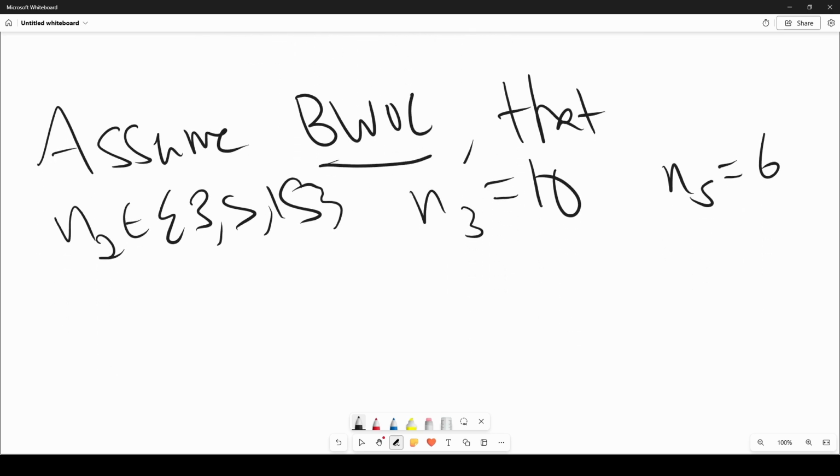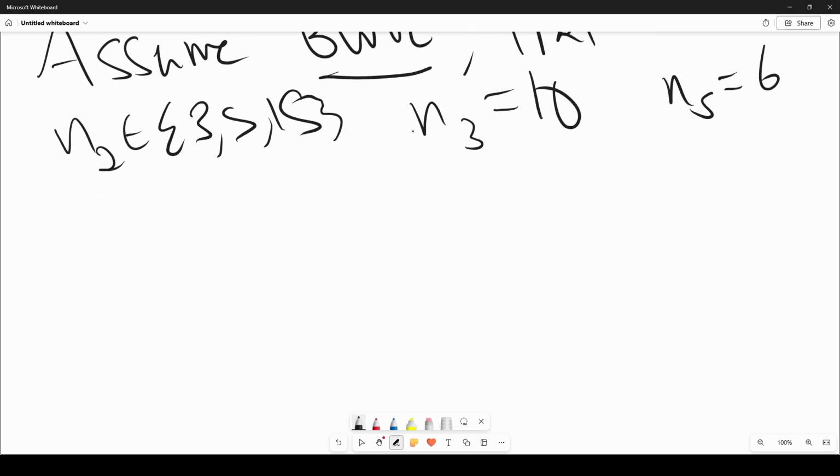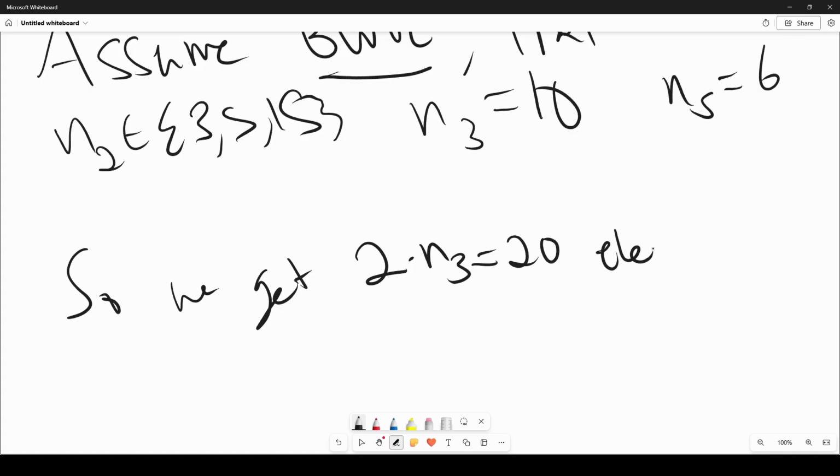So we get that each 3 Sylow subgroup, which is going to have order 3, is going to have 2 elements of order 3. So we get 2 times n3 equals 20 elements of order 3. And then we also get that there's 5 Sylow subgroups, each with a similar form of argument, has 4 elements of order 5. You can check this for yourself.